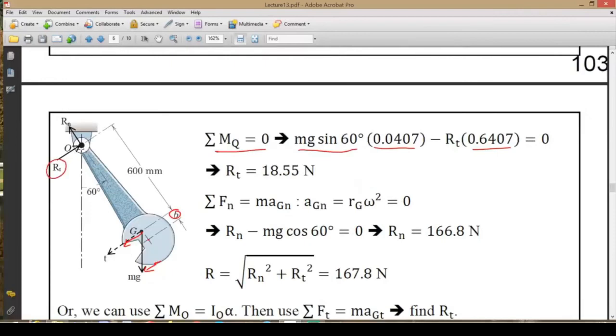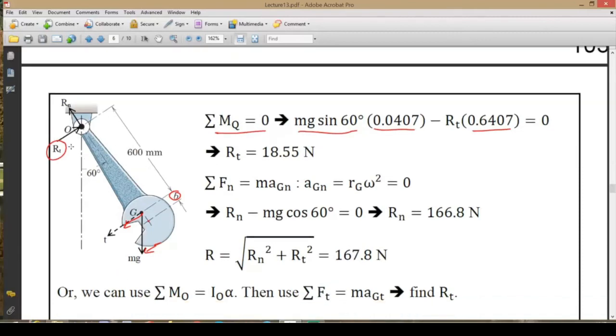We selected the direction in this way, so we are not contradicting our selection of the arrow here. This force will generate a moment in the clockwise direction.